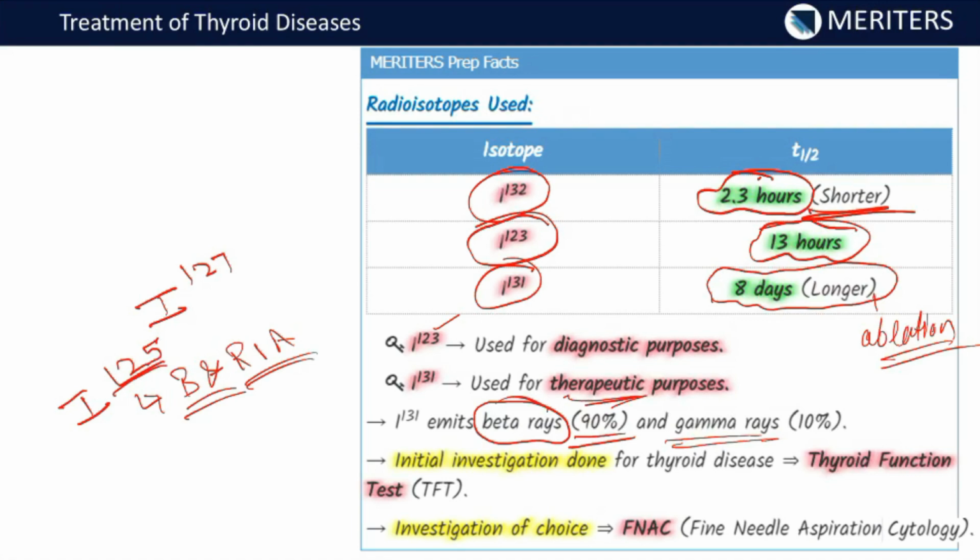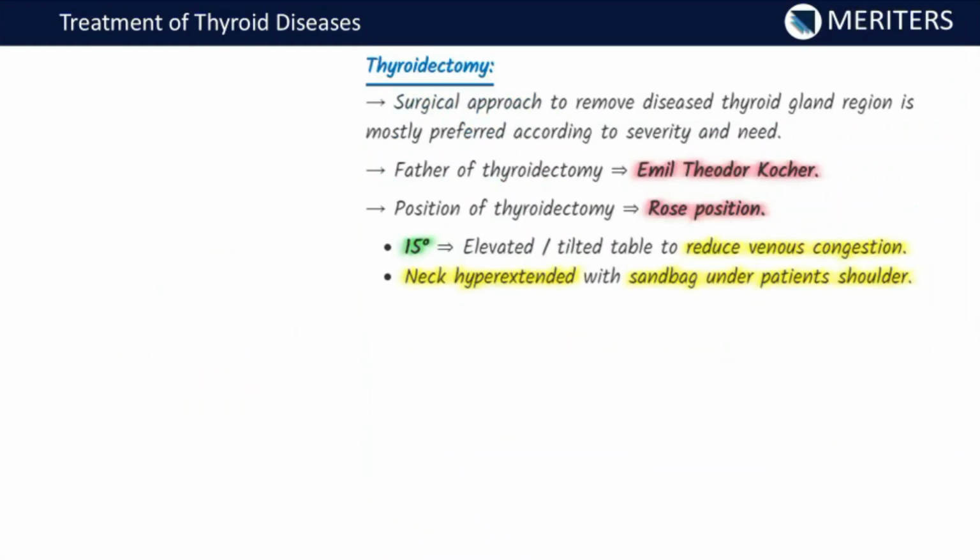Otherwise, it can trigger thyroid storm in the patient. It is contraindicated in pregnancy as well as in children. And there is a 10% chance that the patient might go into a permanent hypothyroid state. So these are important points for radioiodine.